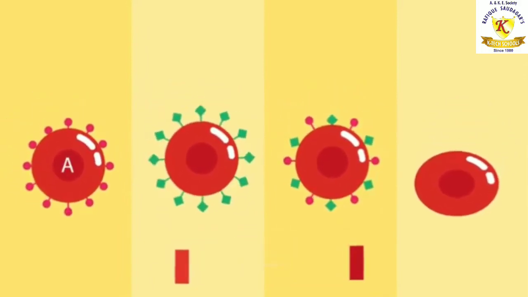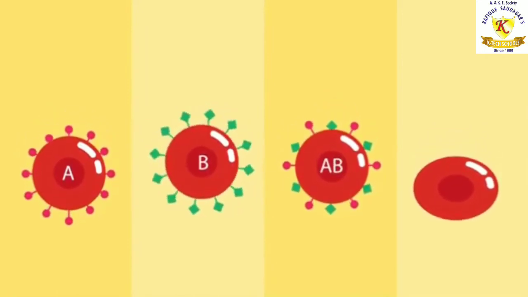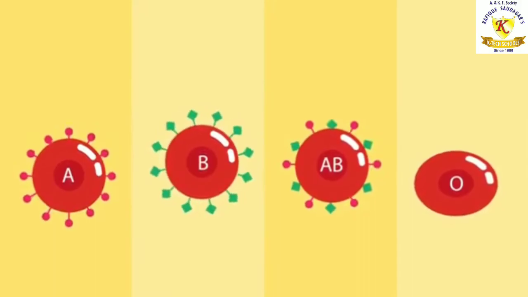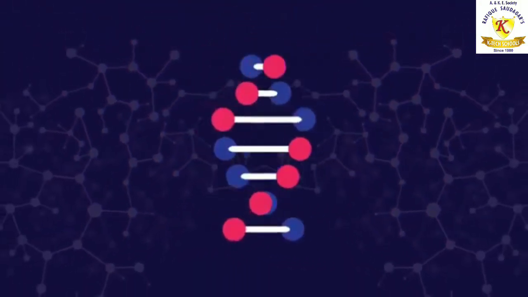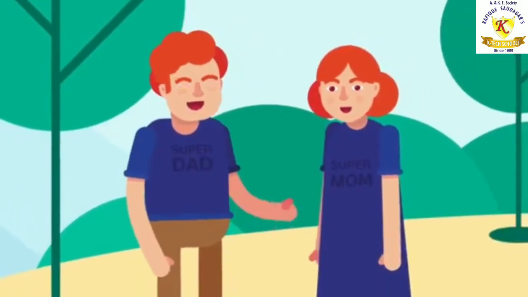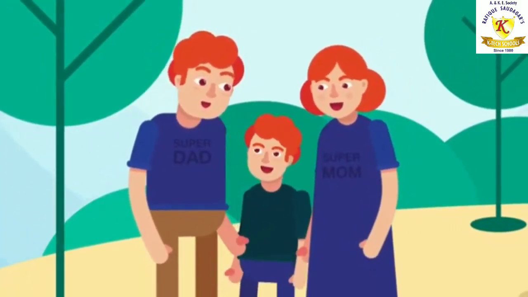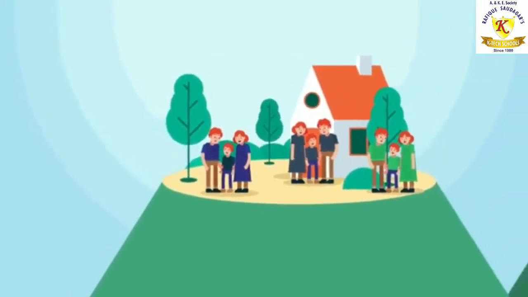There are four types of blood groups: A, B, AB and O. Well, blood types are 100% genetically inherited. The environment can potentially determine which blood type in a population will be passed on more frequently to the next generation.